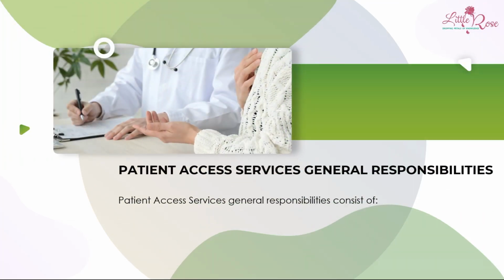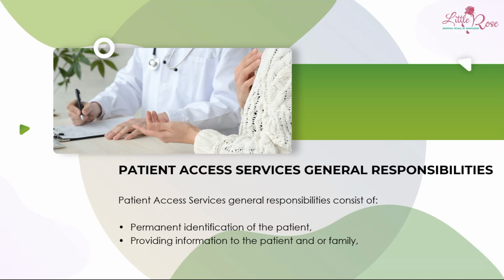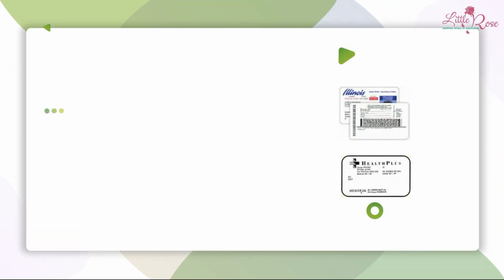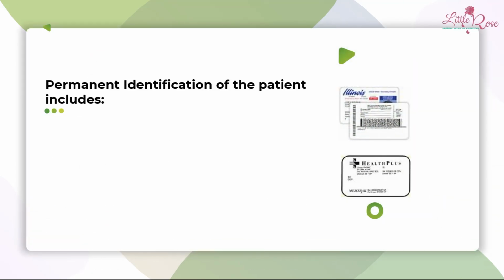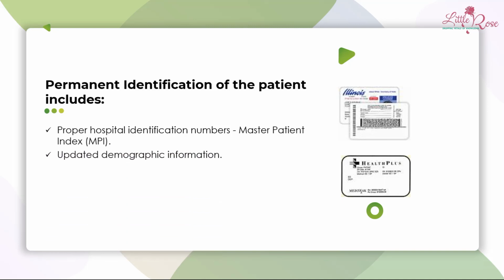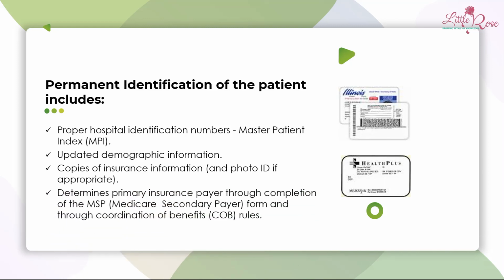Patient access services' general responsibilities consist of permanent identification of the patient, providing information to the patient and/or family, and determining the patient's special needs. Permanent identification of the patient includes proper hospital identification numbers, Master Patient Index, MPI, updated demographic information, copies of insurance information, and photo ID if appropriate.